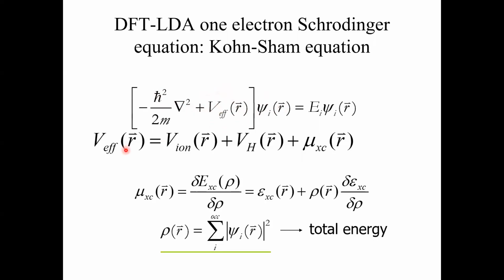The effective potential is provided by the ions and the Hartree interaction between the electrons. And then there is a potential which comes because of quantum mechanics, the exchange correlation potential. So there are three potentials here. Two can be rationalized from classical electrostatics: there's an attractive interaction, there's a repulsive interaction, and this one is inherently quantum mechanical in origin.